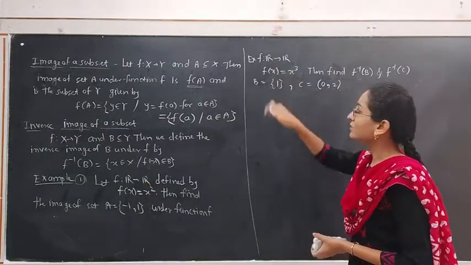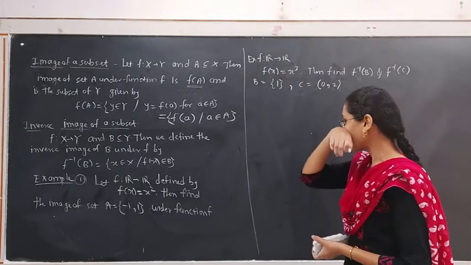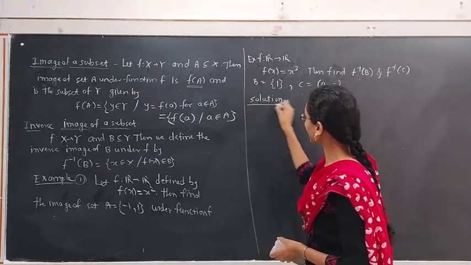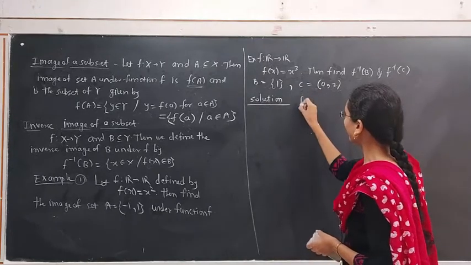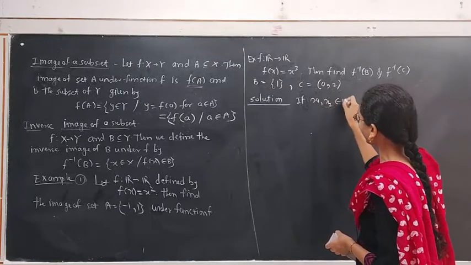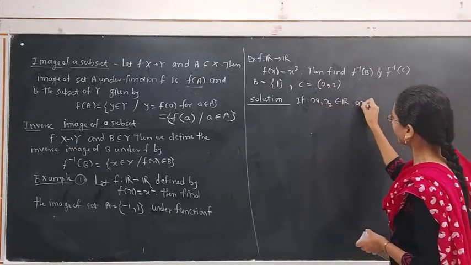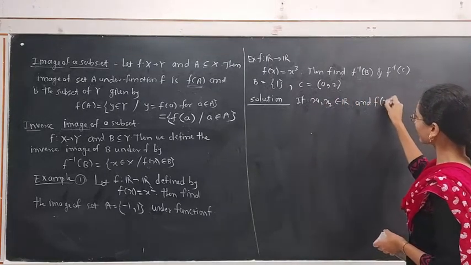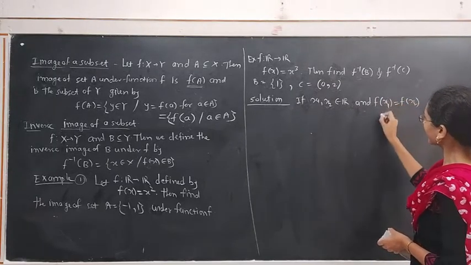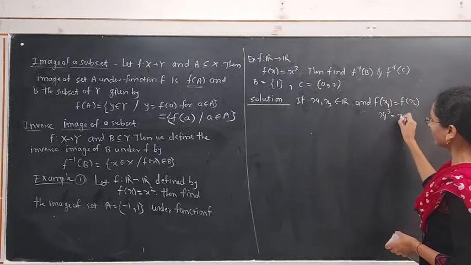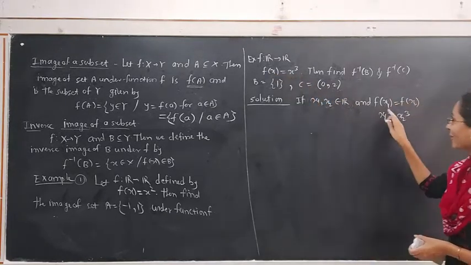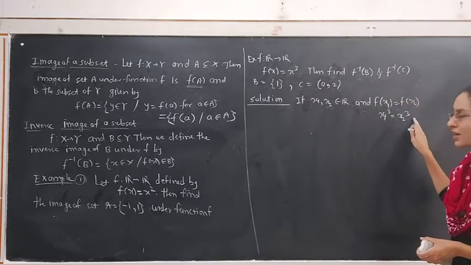See, this function is one-one as well as onto. If x1, x2 are two real numbers and f of x1 is equal to f of x2, this implies x1 cube is equal to x2 cube. By the definition, f of x is x cube, hence f of x1 is x1 cube and f of x2 is x2 cube.